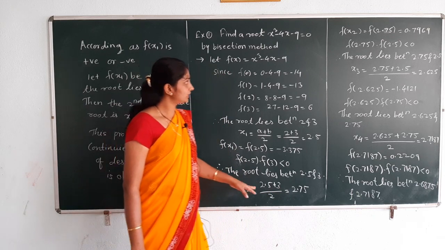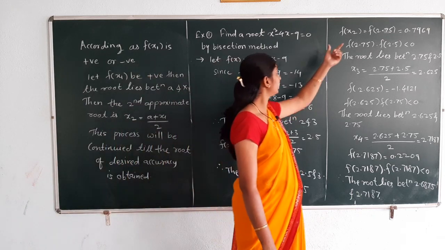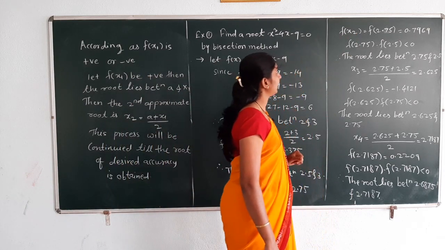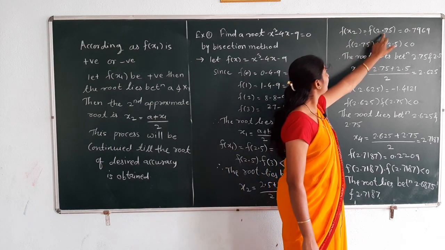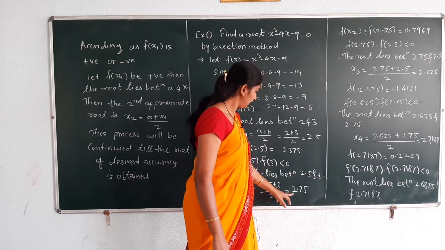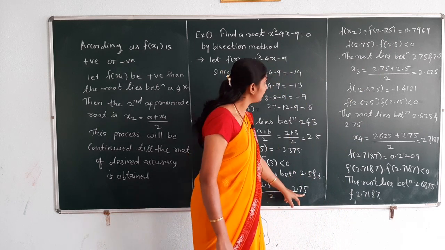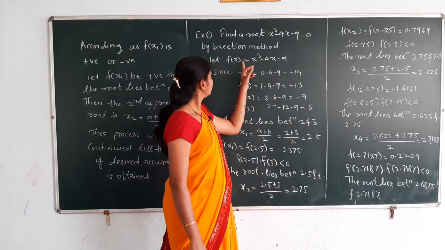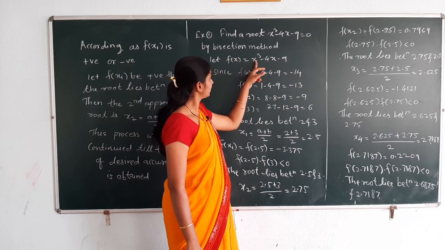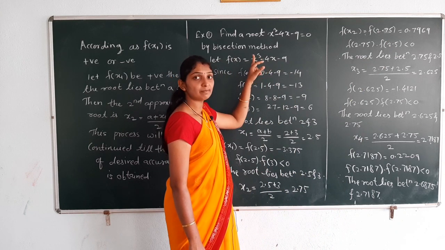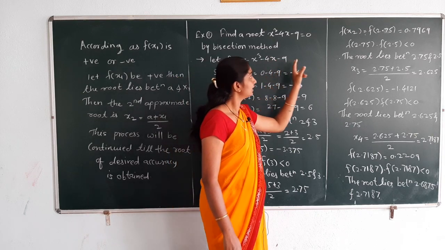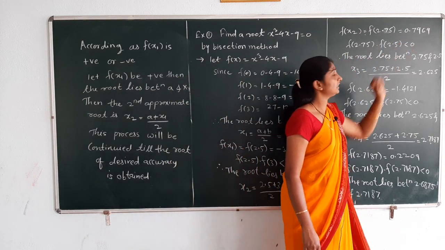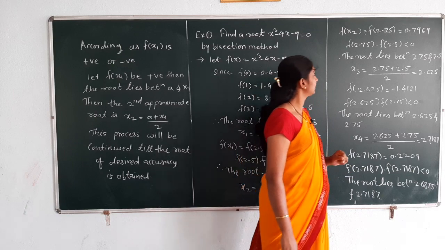By using a scientific calculator, we calculate f of x2, that is f of 2.75. We put x2 in the function, 2.75 cube minus 4 into 2.75 minus 9, then we get 0.7969.